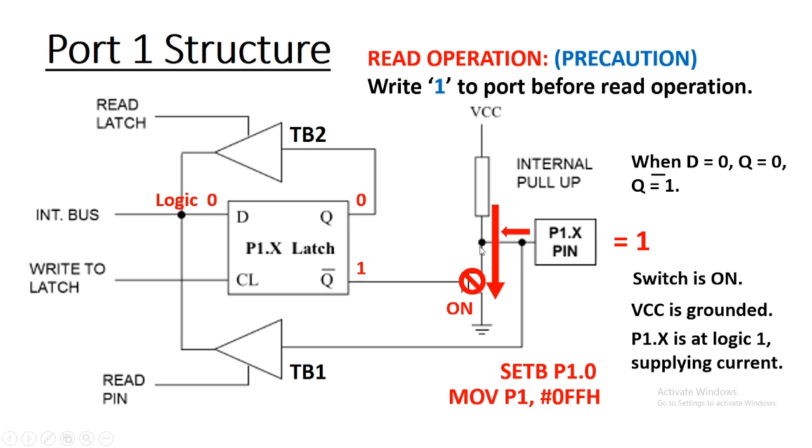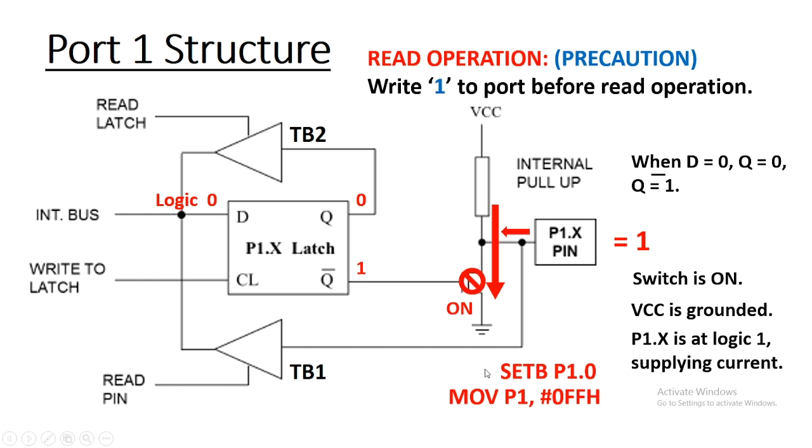And what happens is there is a supply from two directions, one from VCC and a second from the pin, because obviously another device is connected to the pin and that device is supplying logic or supplying current. So both currents enter this FET and it will damage this FET. So we have to take that precaution before reading data from any port or any port pin.